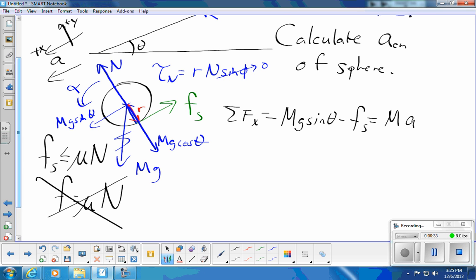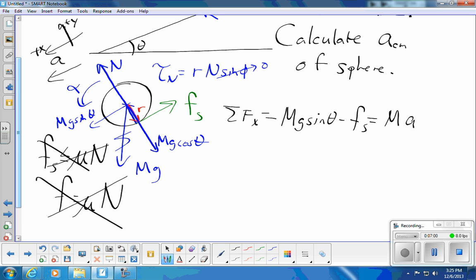It's only equal if you are in a situation where it's just about to slip and you are at the maximum static friction force. We have not been told it's just about to slip. So the static friction is less than mu times N, and so we can't use that as an equality. It's true as an inequality, by the way, but we're not going to use it. So we just have to leave that as F_s, the static friction force.